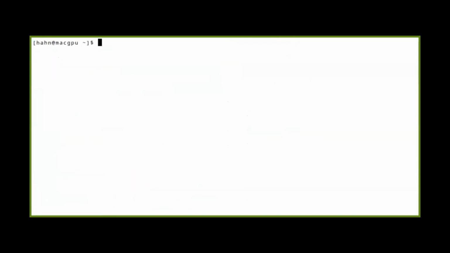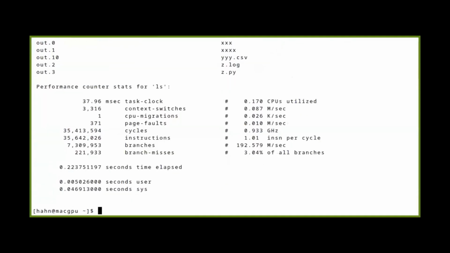So this command is using perf as a wrapper for the ls command. Looking in my home directory is not very interesting, but here is the default set of performance counter outputs for ls. It said that the program ran for 37 milliseconds, which is not useful to do anything with.